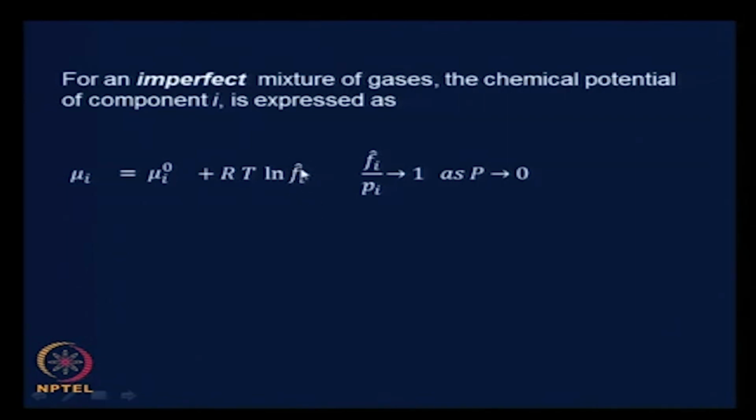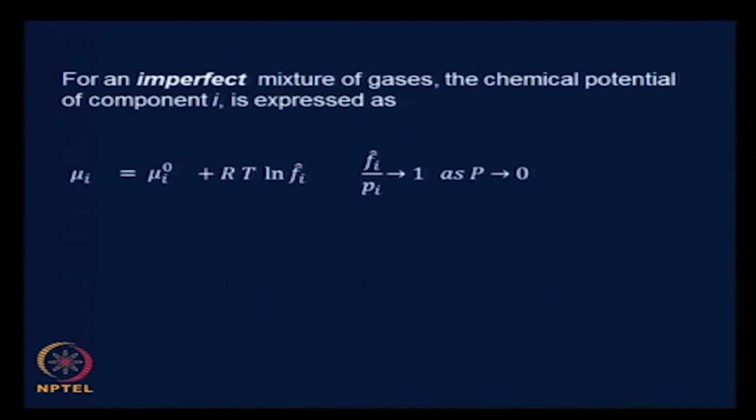The hat implies solution, the component in solution, and because the pure component fugacity may not be equal to the fugacity of that component in solution, to differentiate between them, the pure component fugacity was f_i, which we had already seen earlier.